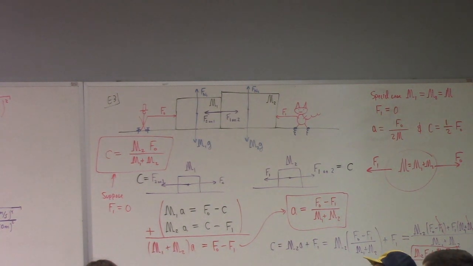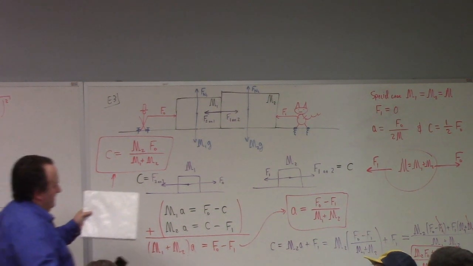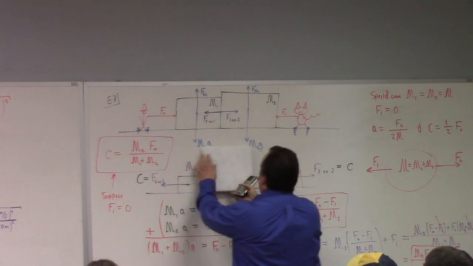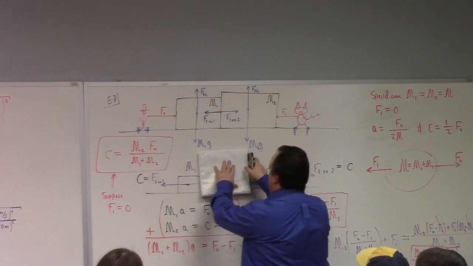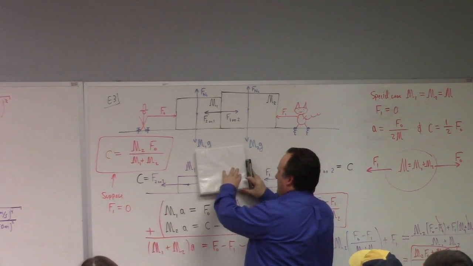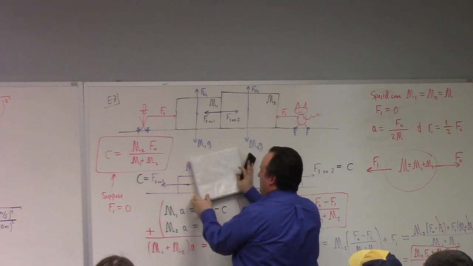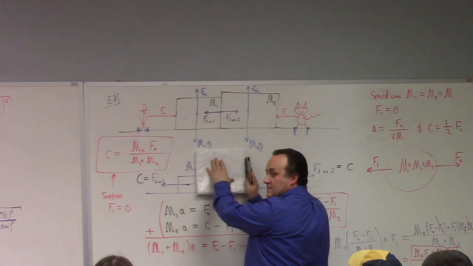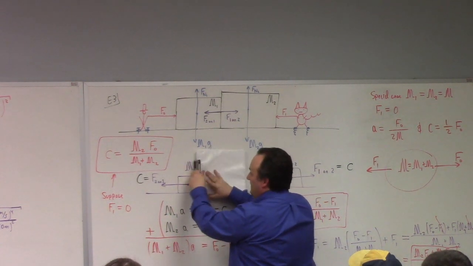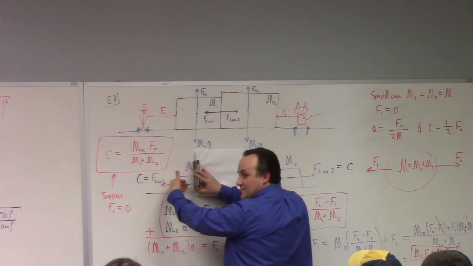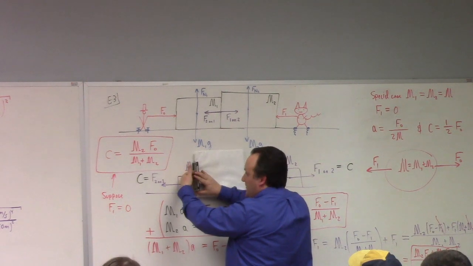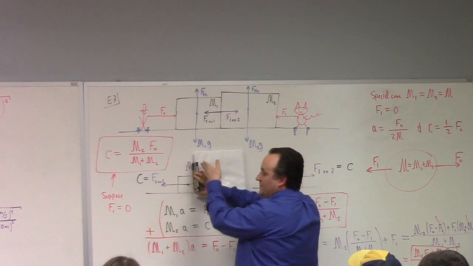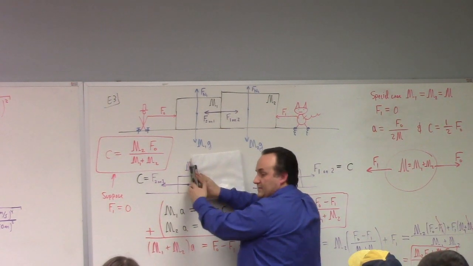If this is M2, and I put the M1 over here, and then I push here, most of the force goes here, and just a tiny bit pushes on the cell phone. Conversely, if I push on the cell phone, most of the force goes on the cell phone, and just a tiny bit of the contact goes on to the larger mass.